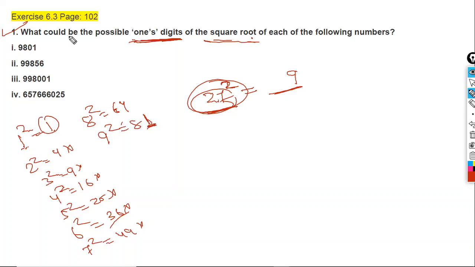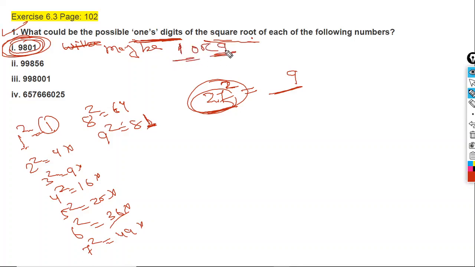So what could be the possible ones digit of the square root of each of the following numbers? For I, the possible ones digit of the square root of the number 9801 will be, maybe, 1 or 9.